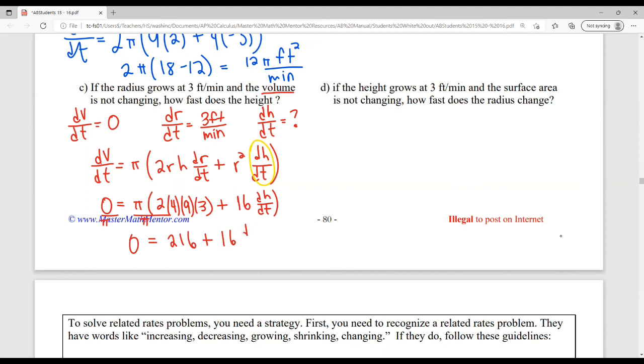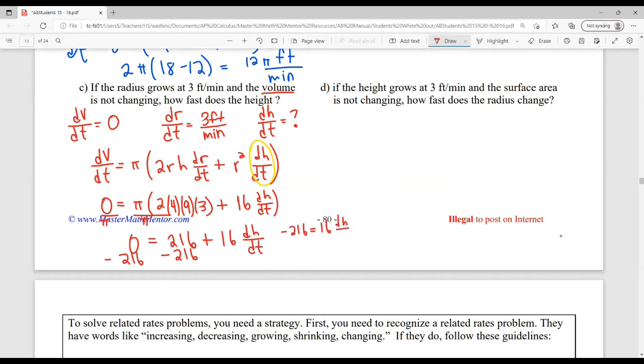So we get 216 plus 16 dH/dt. And now we're treating dH/dt like a variable, and we're going to solve for dH/dt. We're going to subtract 216 from both sides. So we get negative 216 is equal to 16 dH/dt. And we can divide both sides by 16 to get dH/dt by itself.